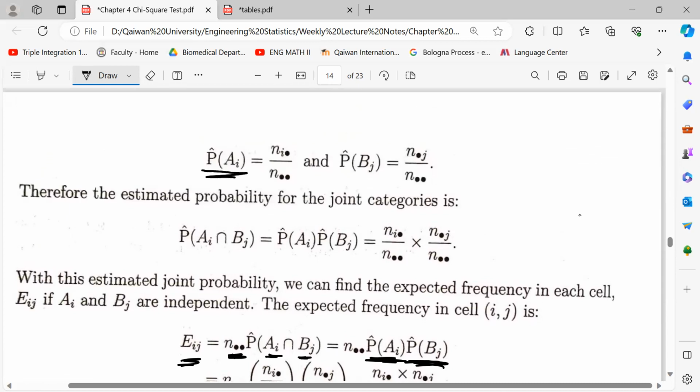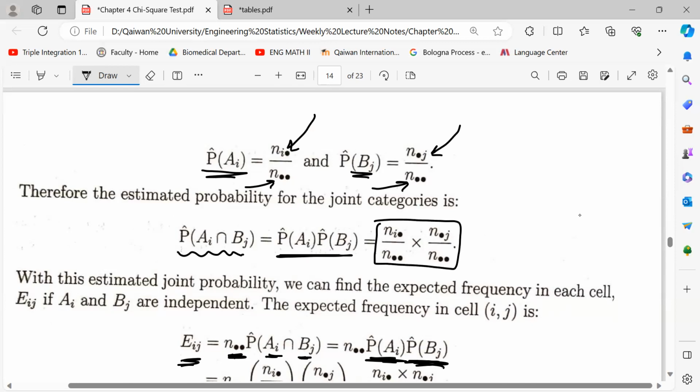Probability of Ai is n i dot over n double dot. Probability of Bj is n dot j divided by n double dot. And the probability of the intersection is the multiplication, and we get this.